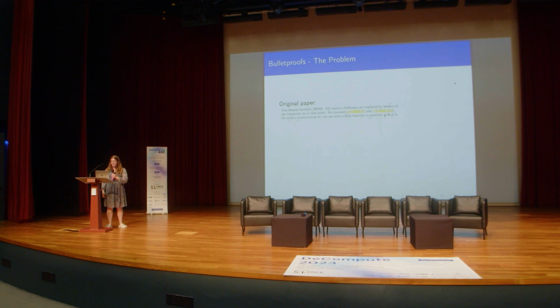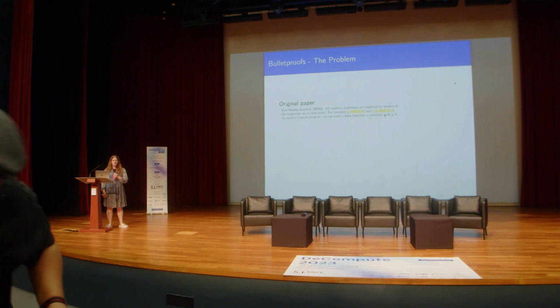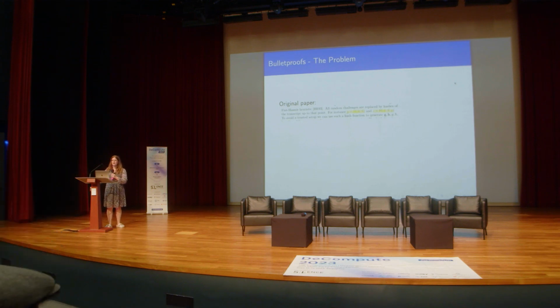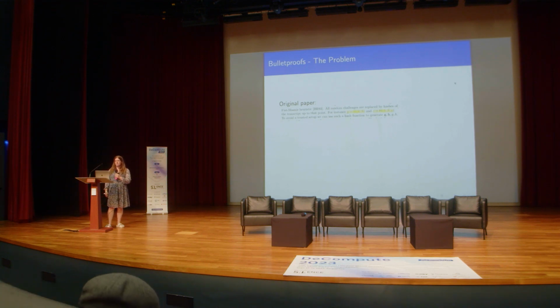You'll notice the highlighted section, it says y is equal to the hash of A comma S. And y is one of the challenge values that's generated. If you look into the paper, A and S are basically commitments to the binary vector and to a blinding vector. What you'll notice is not included in there: there's no commitment to the actual value v, and no commitment to n.